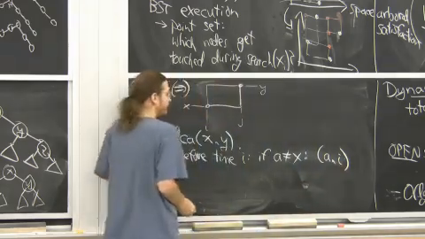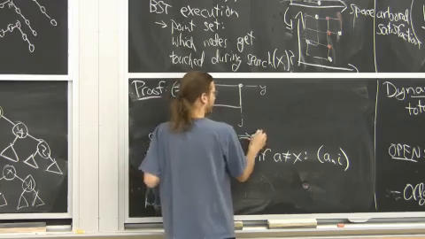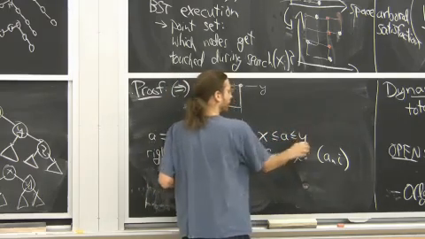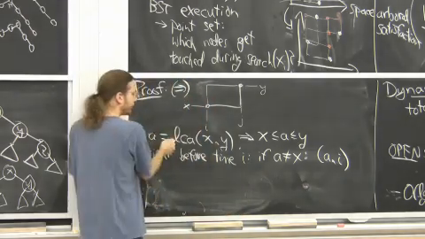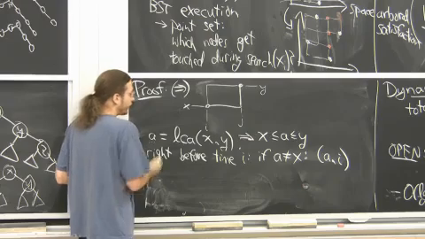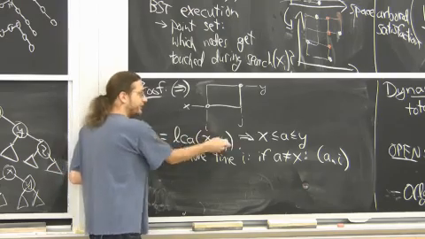The least common ancestor has the property that x is less than or equal to A is less than or equal to y, right? The least common ancestor will be between x and y. And we also know that it's an ancestor of x and it's an ancestor of y.